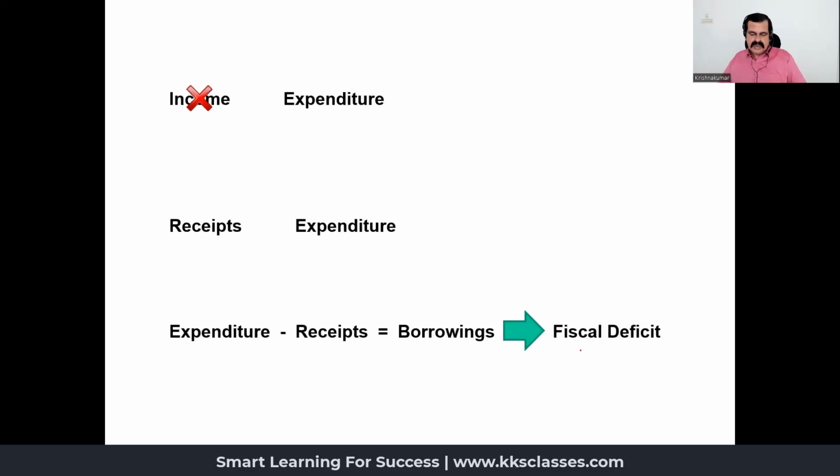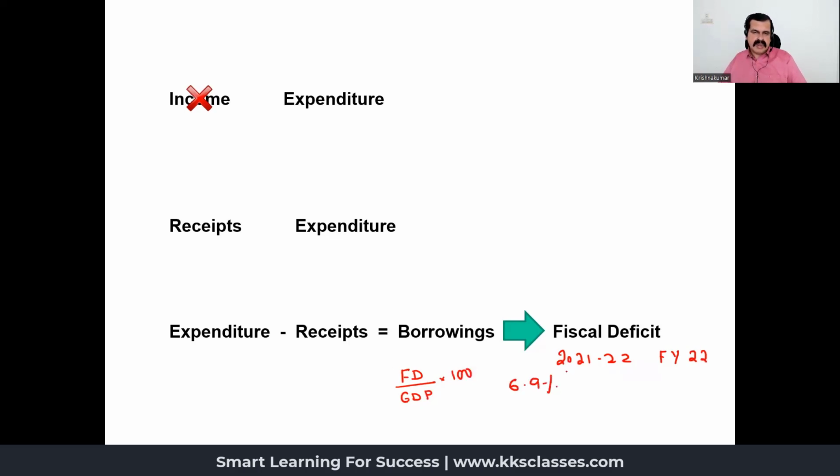Now, this year, that is during 2021-22. So when we say 2021-22, it is very simply put as financial year 22, FY22. The fiscal deficit as a percentage of GDP is pegged at 6.9%, which is high.